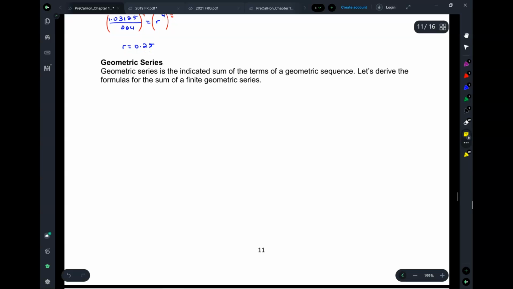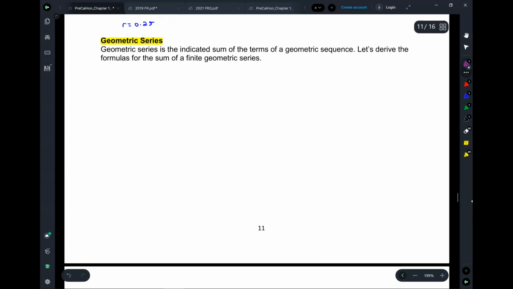Let's talk about geometric series. A geometric series is when you take all this and you add them up. So you take a sequence and you just find the sum of them. Just like we did for the arithmetic series, we're going to derive a formula for this.